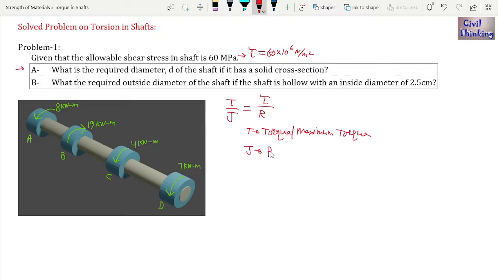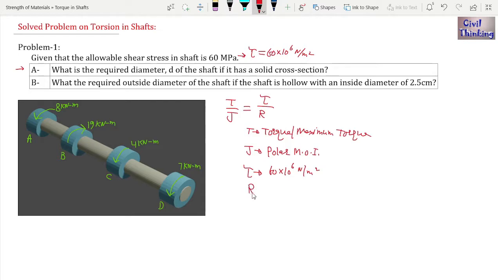Anyways, now J is what? J is the polar moment of inertia. Tau, as we have explained before, is the maximum shear stress, which is 60 multiplied by 10 to power 6 newton per meter square.